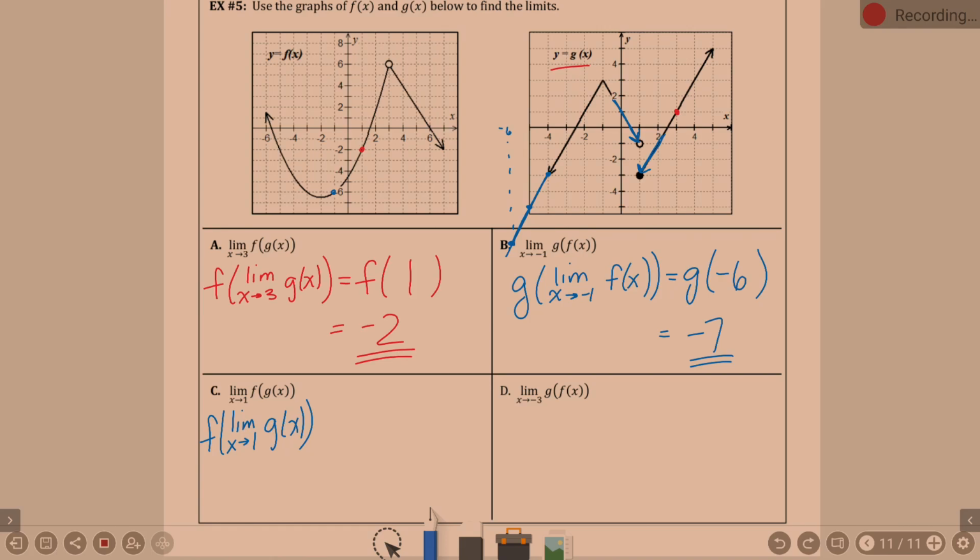We don't have the DNE issue in the f of g and g of f, so I'm not going to worry about it right now. But you do run into an issue of, oh, this one is a DNE, so what exactly does that mean? Technically on this one, it could come up with an answer, but it's a special case. If you happened to do D, you could get an answer as well. Okay.